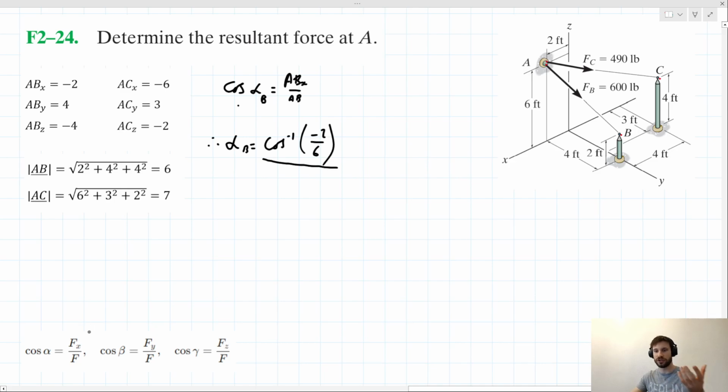We can then reuse that. So we might take this equation, this formula in the bottom left here, and use it to solve for Fx. Let's rearrange it for Fx.